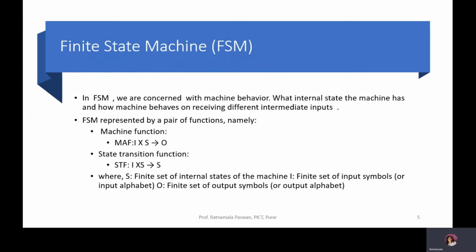So we define the machine function which maps input and state to the output, and the state transition function which maps input and state to the next state. So mathematically there are these ways to define the FSM: machine function and state function.